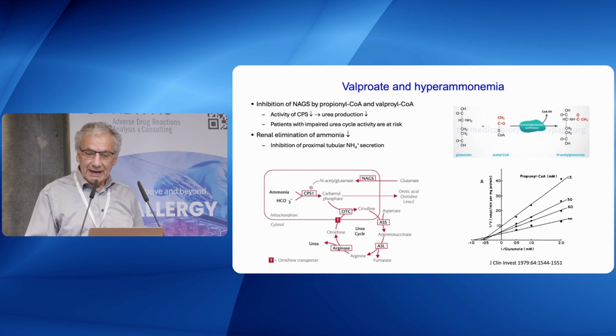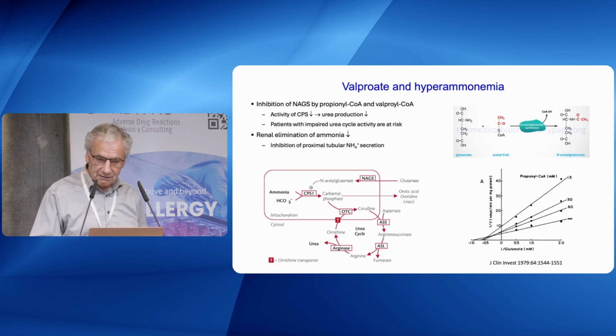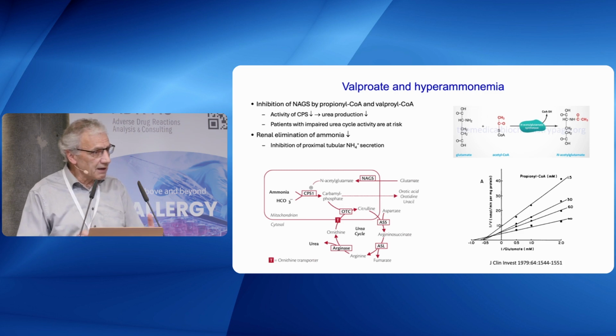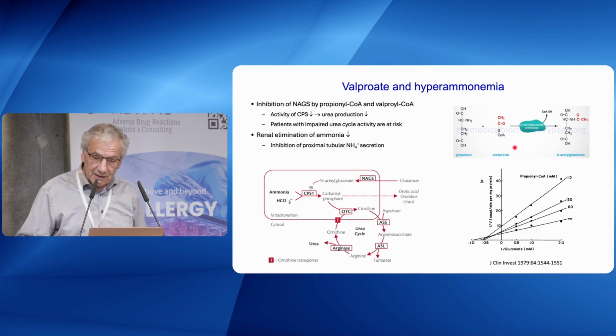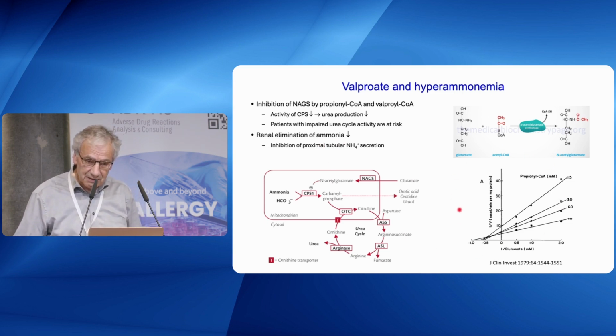Okay. And you see, the problem is that the substrate for acetylation is of course acetyl-CoA, and when there are other substrates than acetyl-CoA, like propionyl-CoA, you see that here, then this reaction is inhibited.